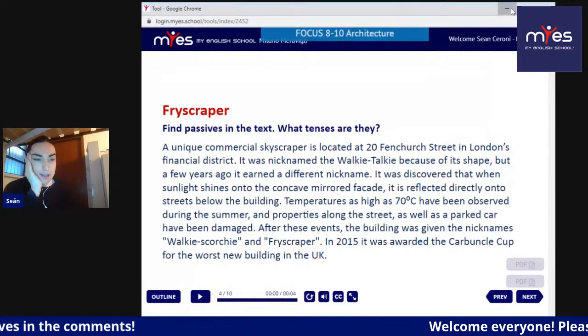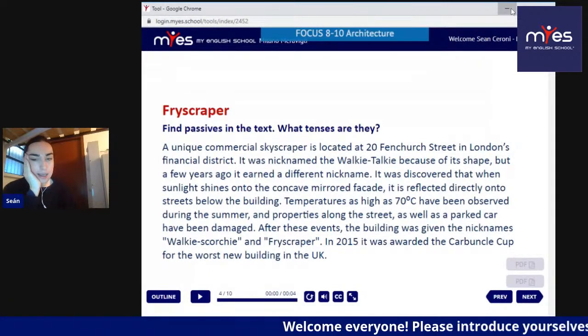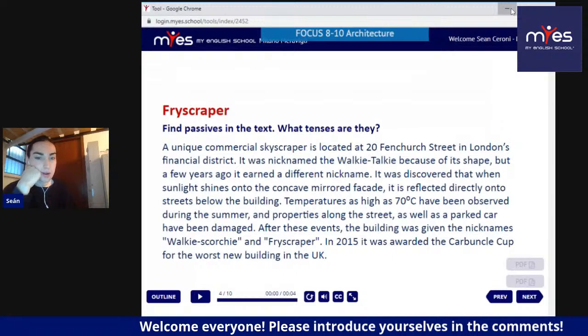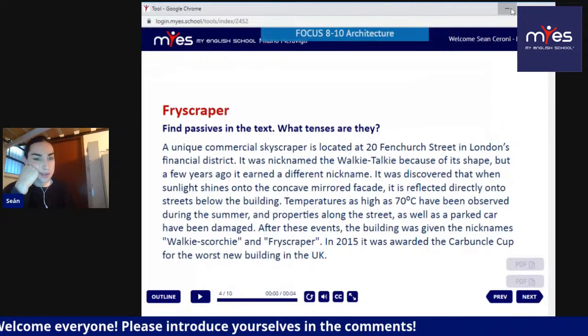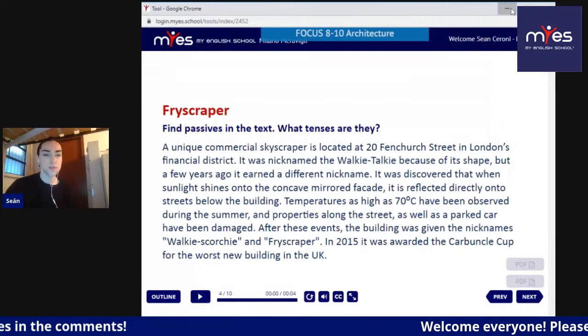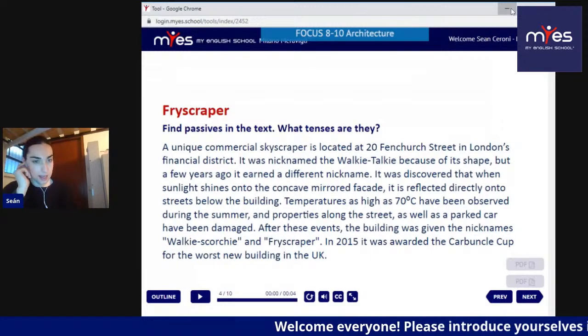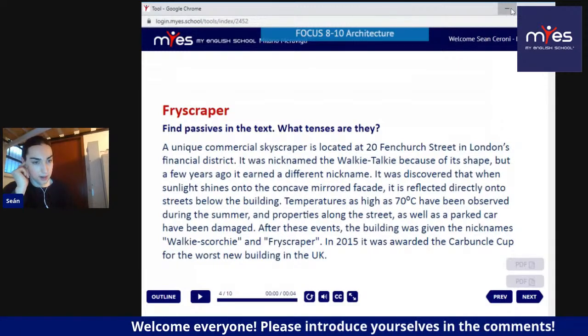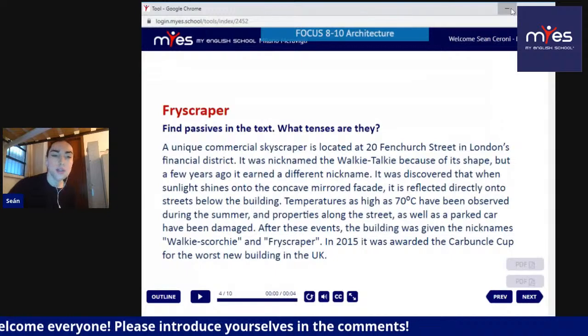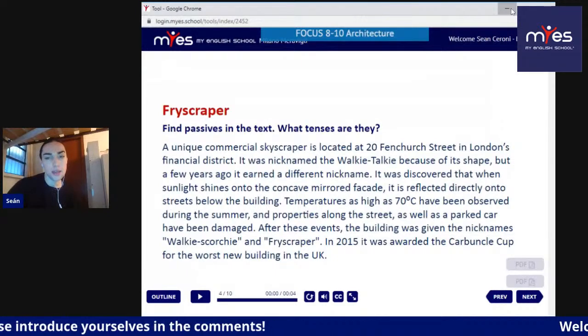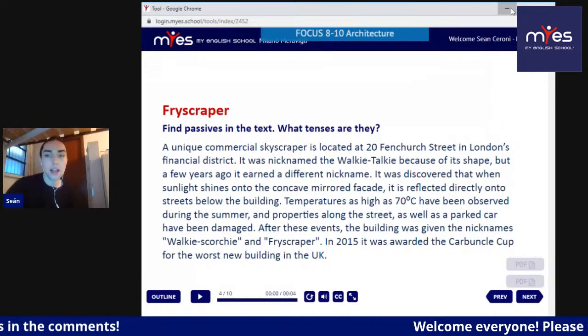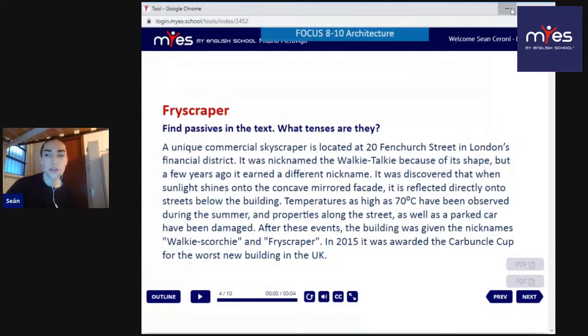So here we have a little text about a skyscraper in London. Your task is to find passives in the text. What tenses are they? So I'm going to read through the text, and anyone who's watching, in the comments, find passives in the text.